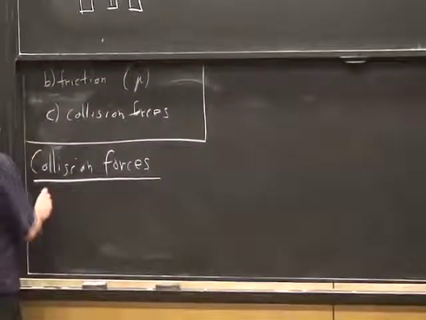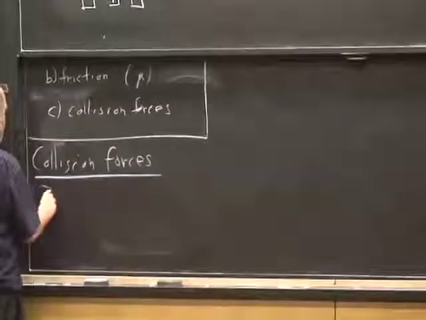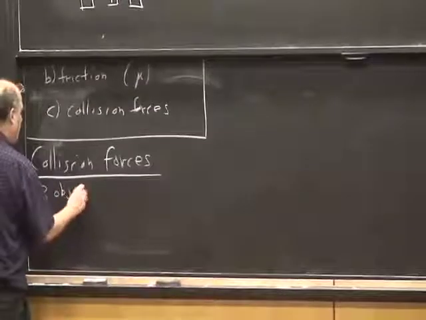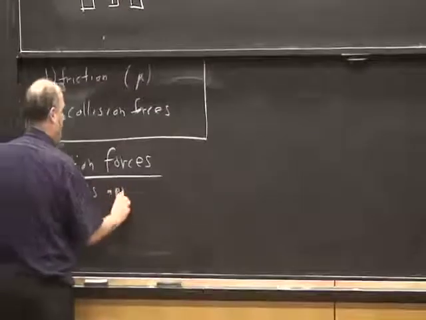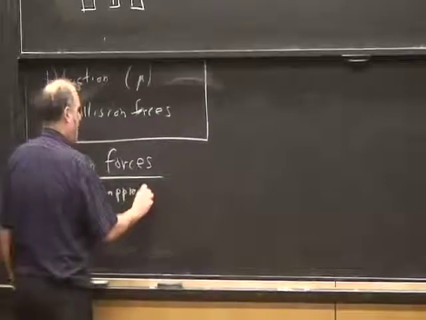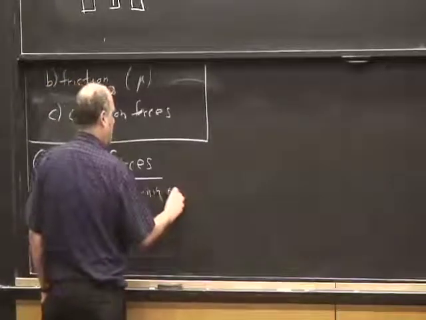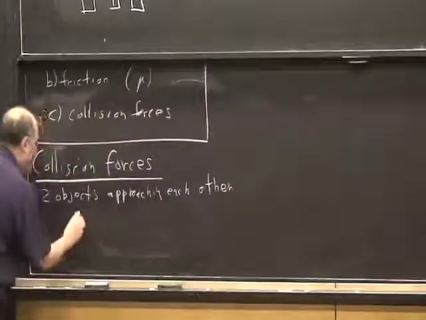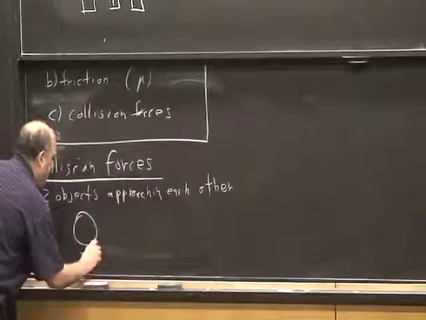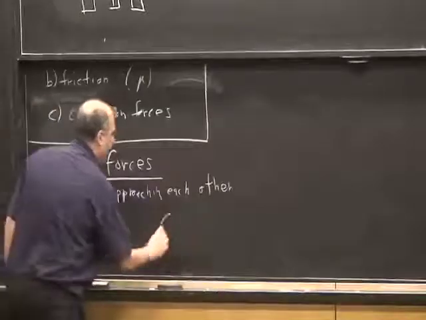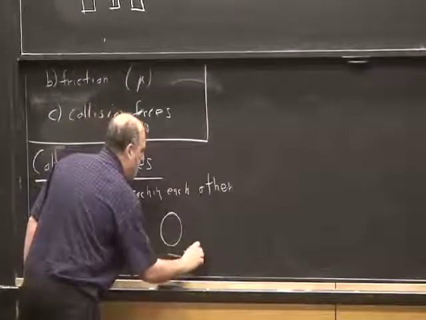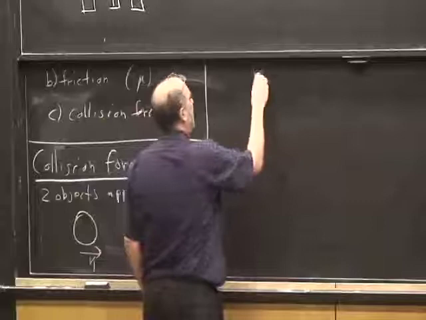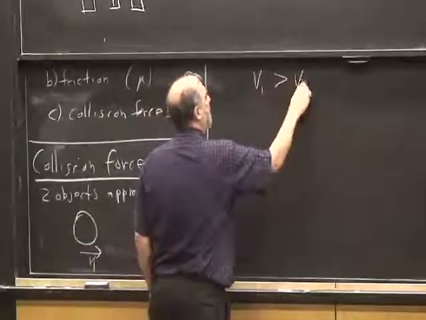Okay. So let's just say we have two objects approaching each other. So let's say one here has this velocity of v1, and this one over here has this velocity v2, and we'll assume that v1 is bigger than v2.